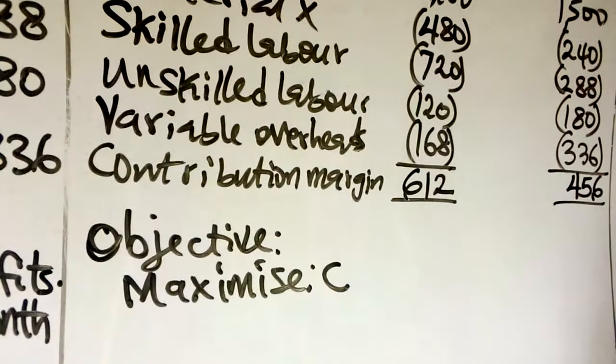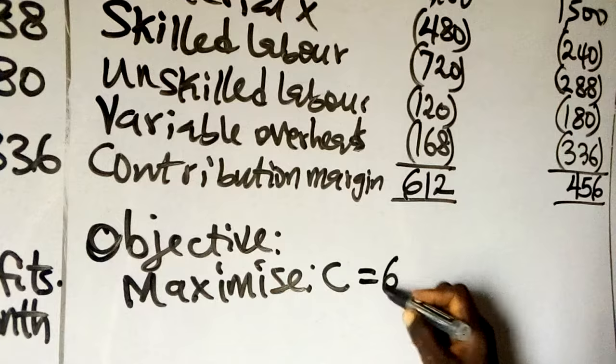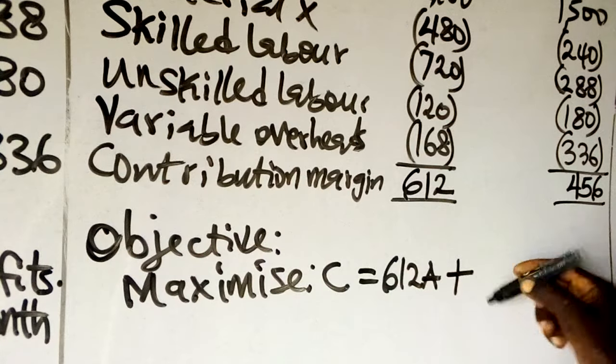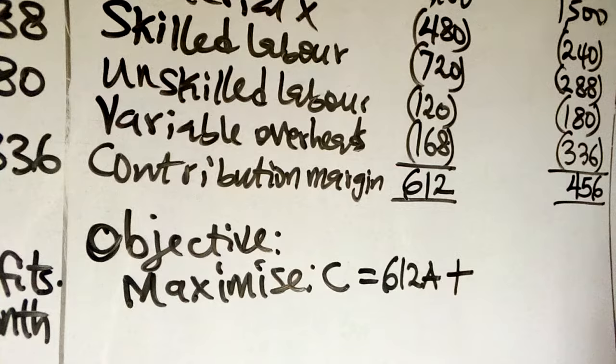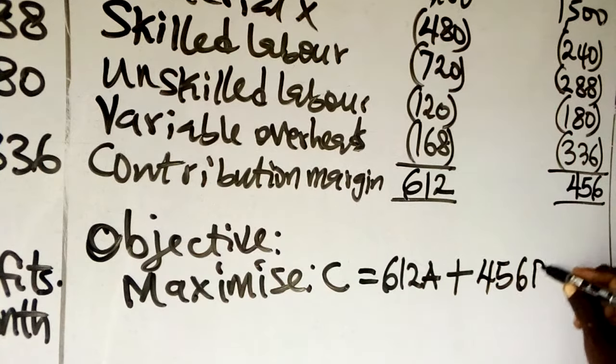Contribution from grade A is 612 of grade A plus 456 of grade B. That is our objective function.